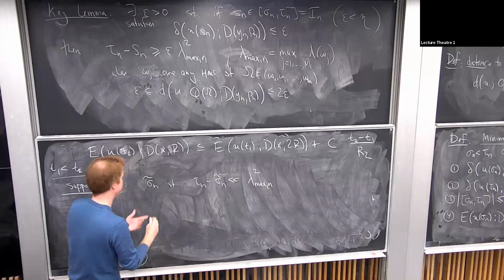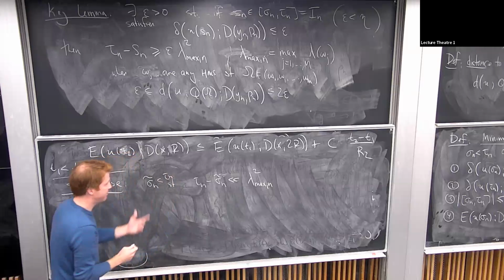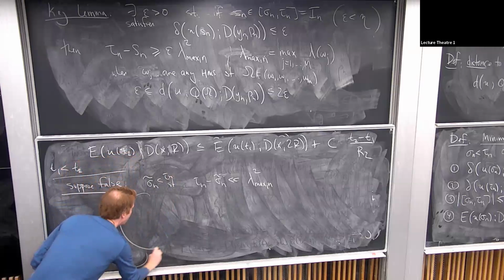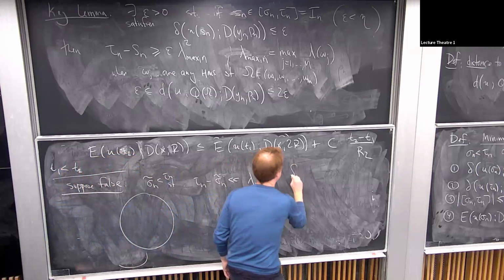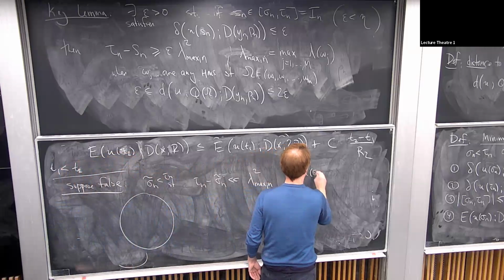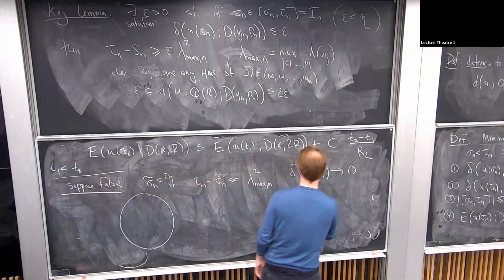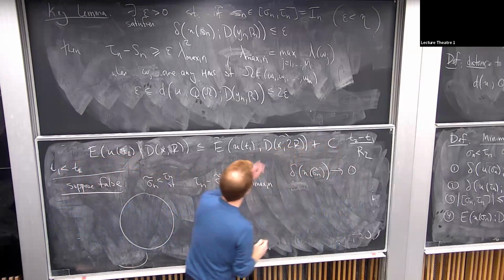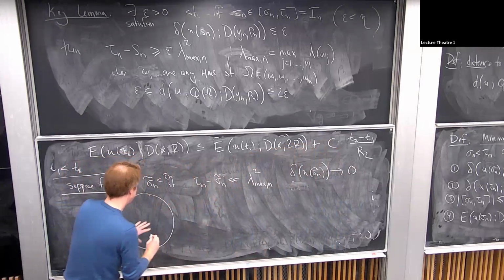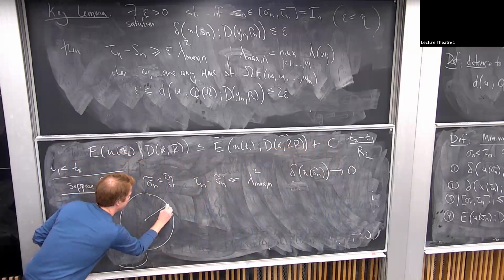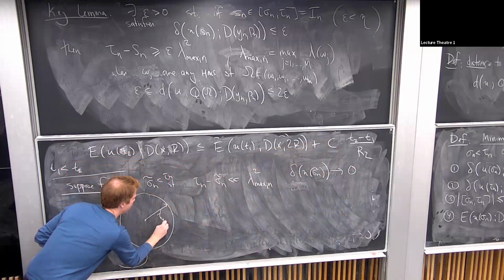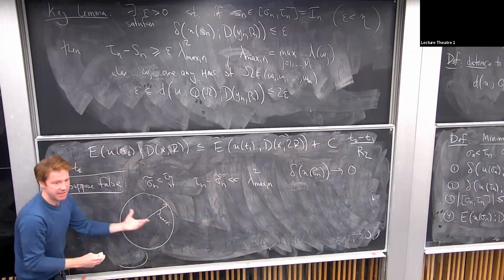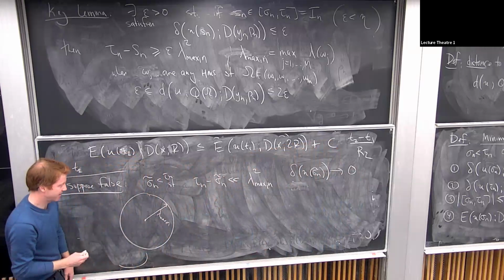So I can find some times like this inside my collision interval, where at sigma n tilde my distance is going to 0, and my distance at time tau n is eta away. So here I want to imagine one of the lambda max bubbles. So this is a disk where the bubble at scale lambda max is concentrated.